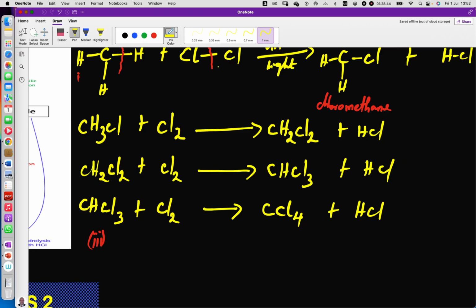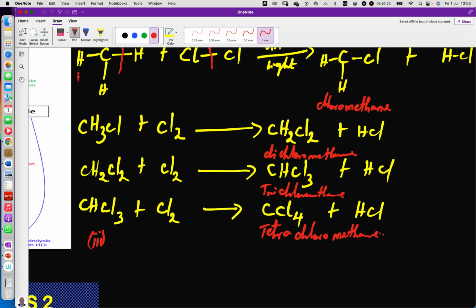This one is dichloromethane. This is trichloromethane, and tetrachloromethane.